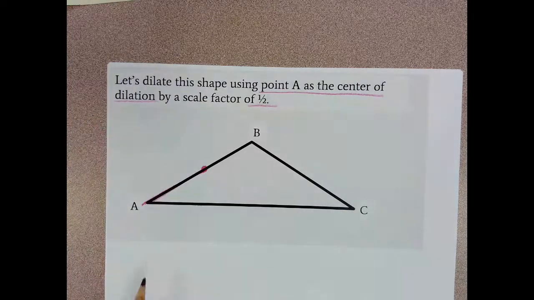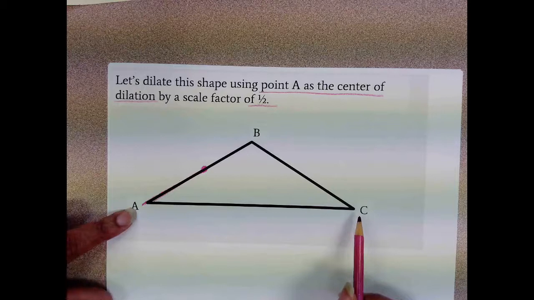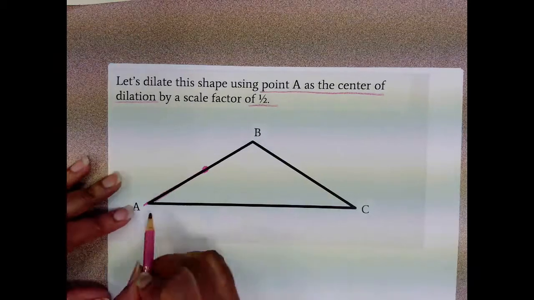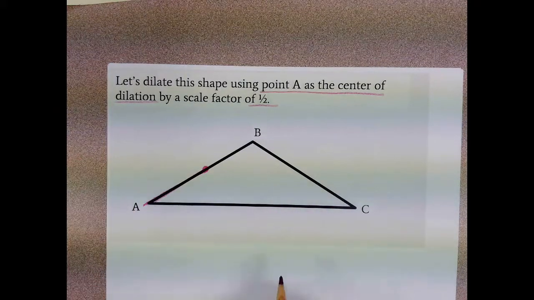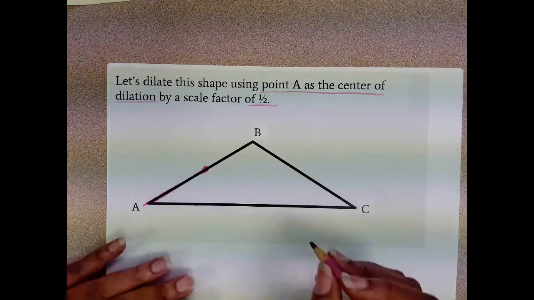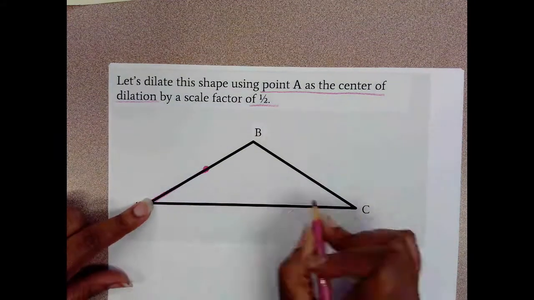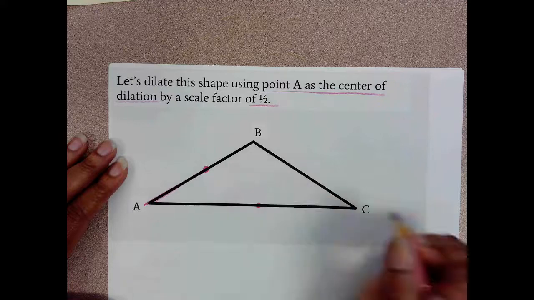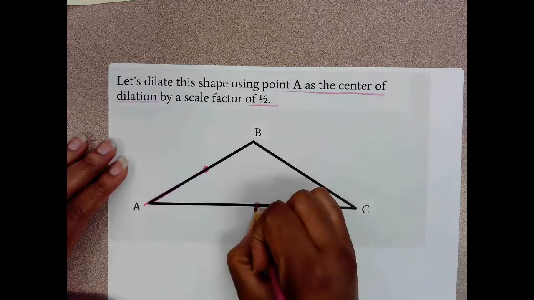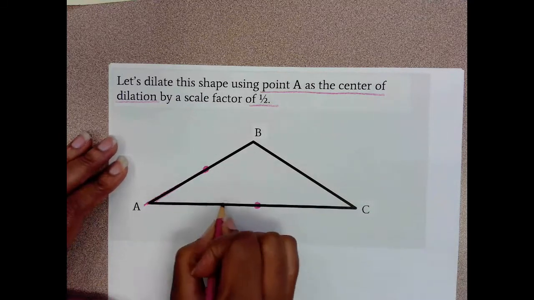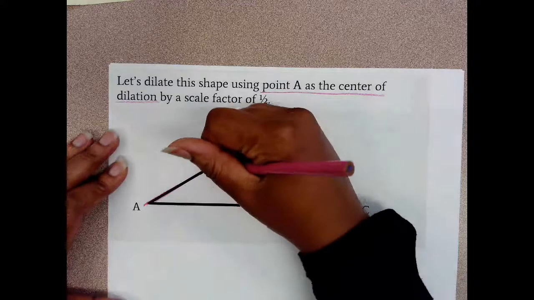Okay. Now I'm going to look at A and C, and again, I can either measure it out and get exact, or I can make a good estimation as to where halfway between A and C is. And this looks like a good spot for halfway in between. And then I connect my 2 points.